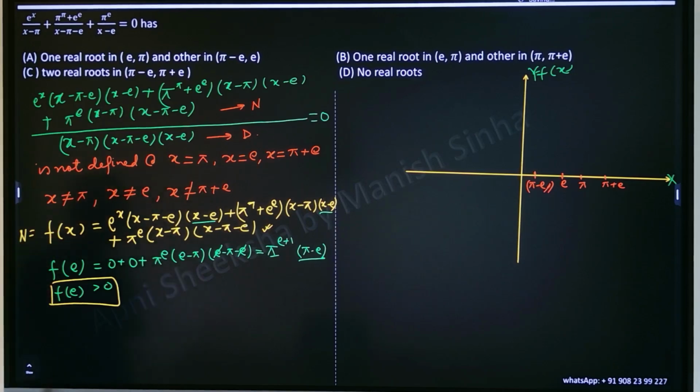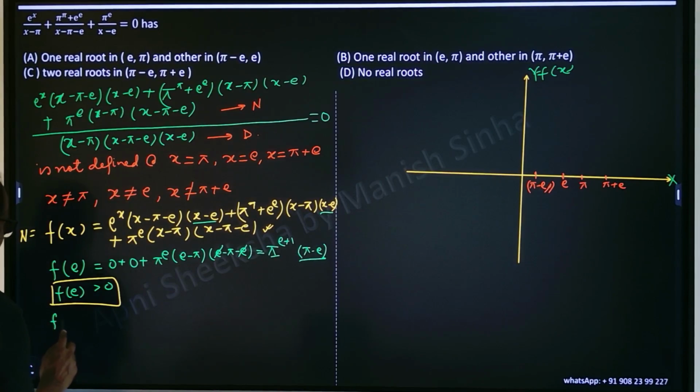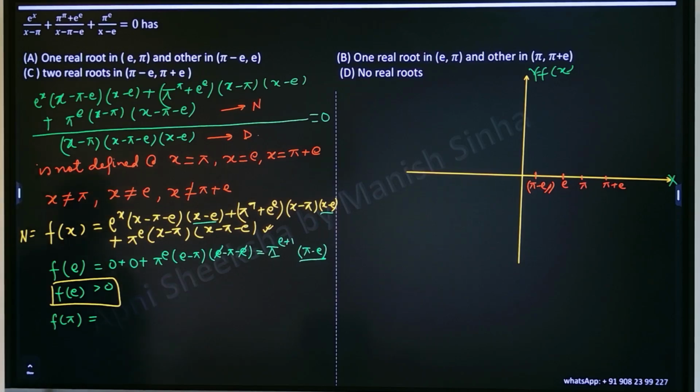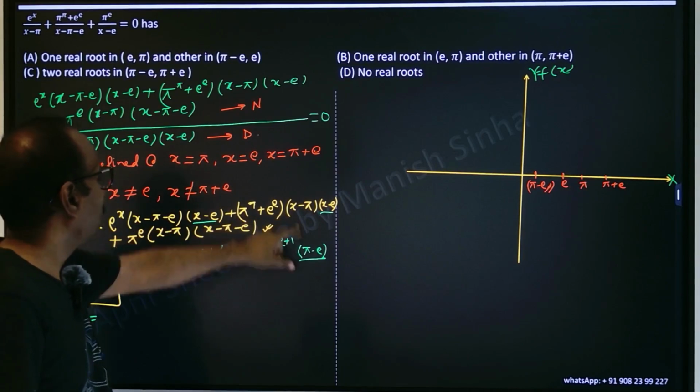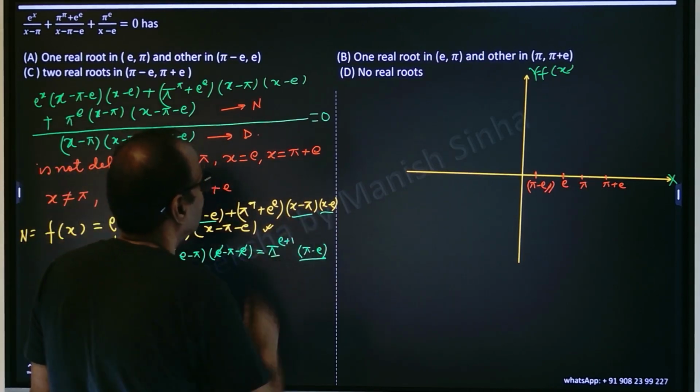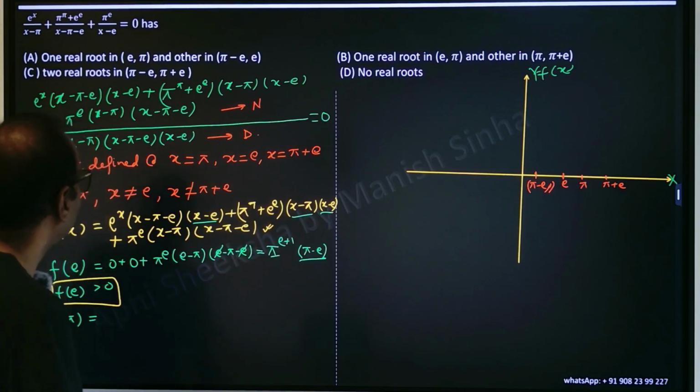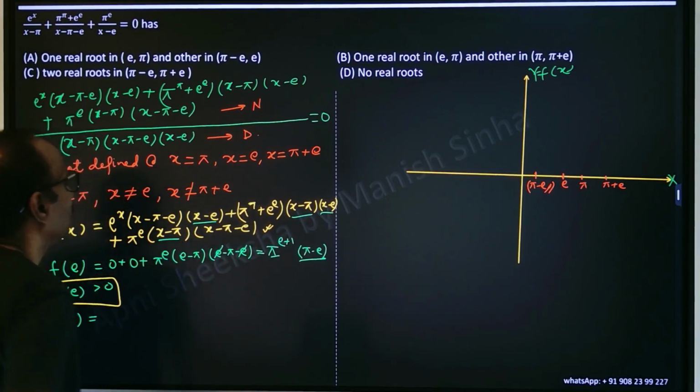Now we will check at pi. f(pi). This term will be 0. So second term is 0. Third term is 0.